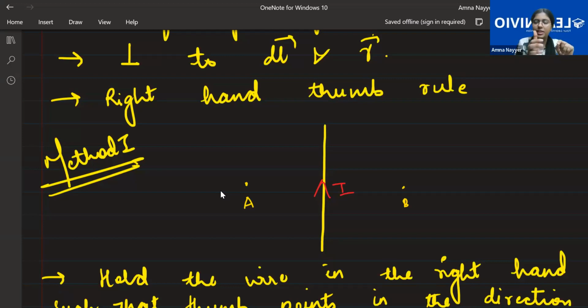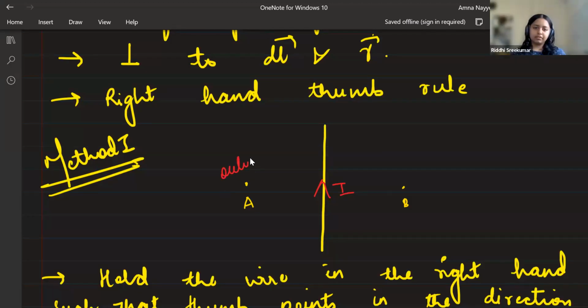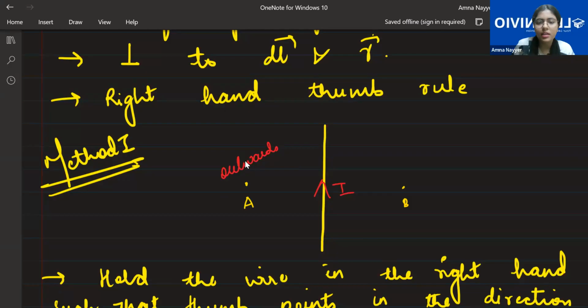Now just see at this point A where the fingers are going when you curl them. They are coming towards me and then going, so this direction will be outwards.